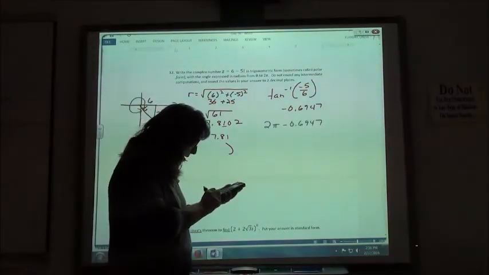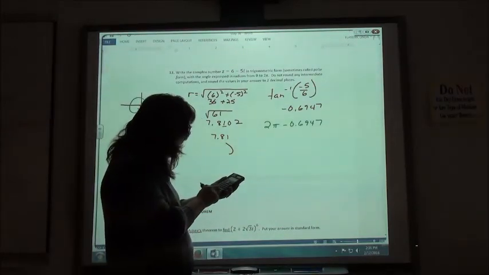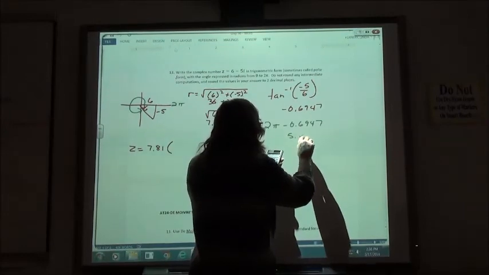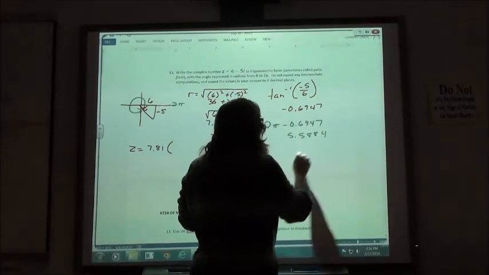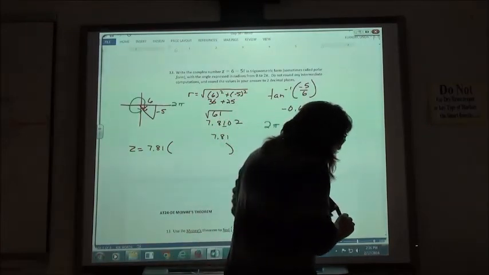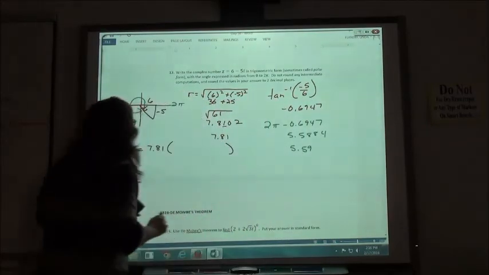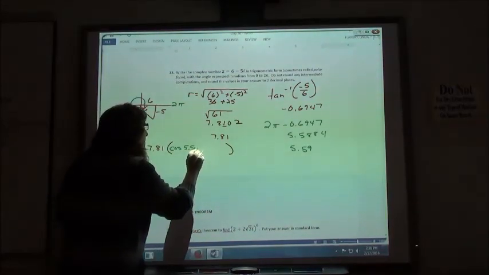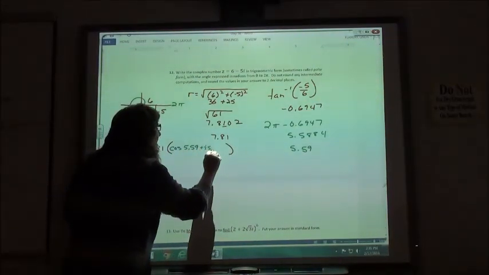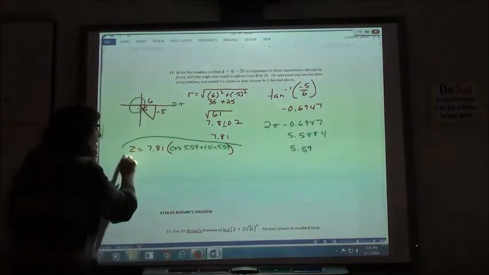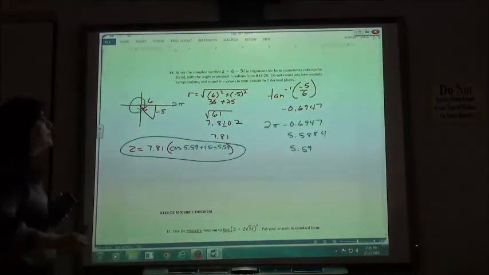But 2 pi minus my 0.6947 gives me 5.5884. So 5.59 is what my angle would be in the positive direction. And so I'm going to have the cosine of 5.59 plus i sine of 5.59. Put that all together, and that's going to be my answer in polar form.